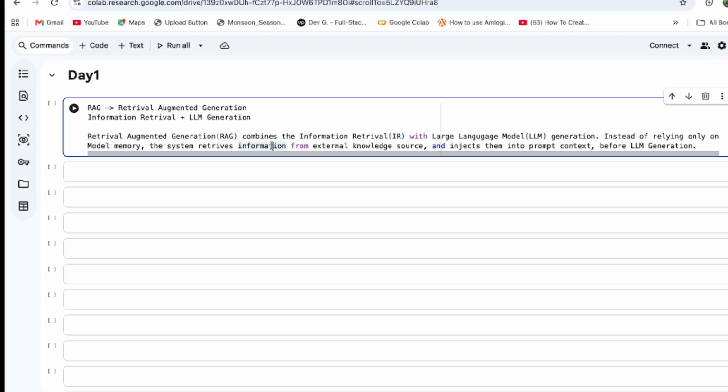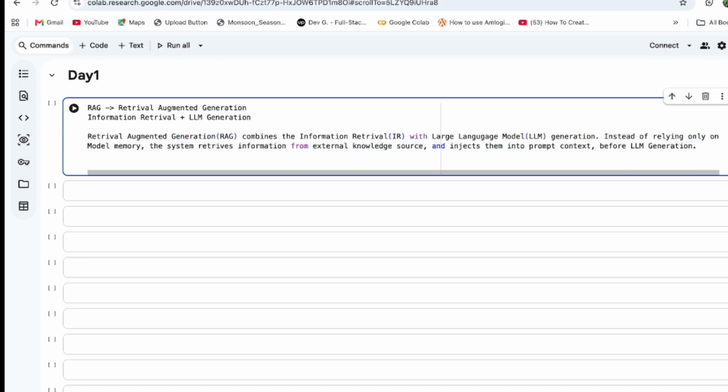But here we will have our external knowledge source, our business specific knowledge data, and we first search or retrieve information from our business data and inject and combine the data into the prompt context before generation. Got it, right? This improves factual accuracy related to business questions, and reduces hallucinations. Hallucinations means the model would be giving false answers.